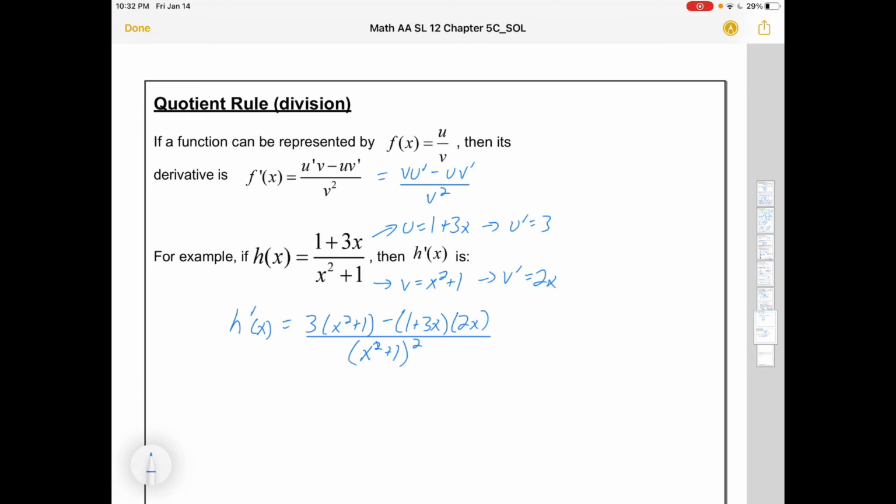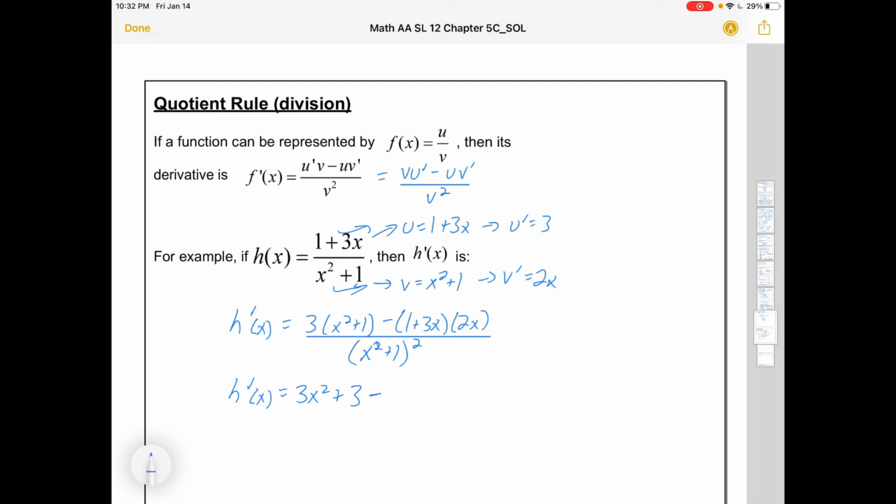We can make it look a little nicer. If you actually write out these u's and v's like I did over here and here, then these are going to be a breeze. You just need to write them in and plug them in. On top, I can multiply out. That'll give me 3x squared plus 3. Here, be really careful.